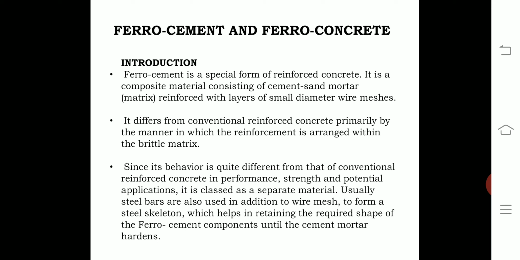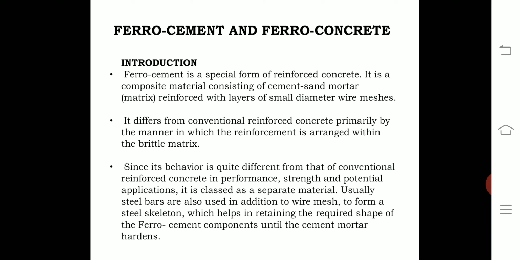Usually, steel bars are also used in addition to wire mesh to form a steel skeleton, which helps in retaining the required shape of the ferrocement components until the cement mortar hardens. The wire mesh reinforcement is uniformly distributed across the thickness of the element, which helps in achieving improved mechanical properties: fracture, tensile, frictional strength, fatigue, and impact resistance.